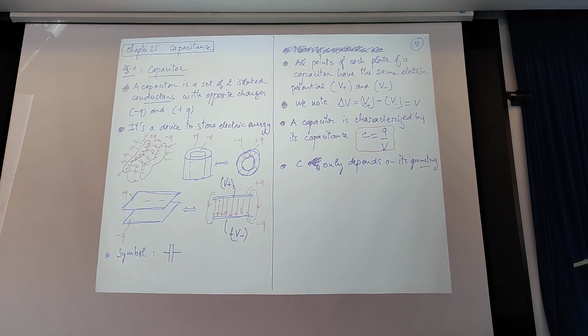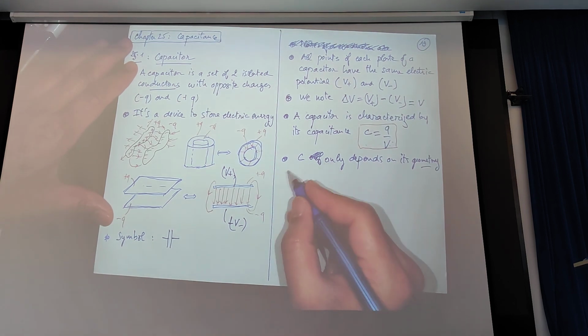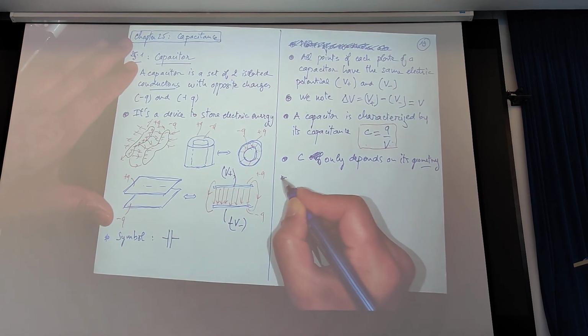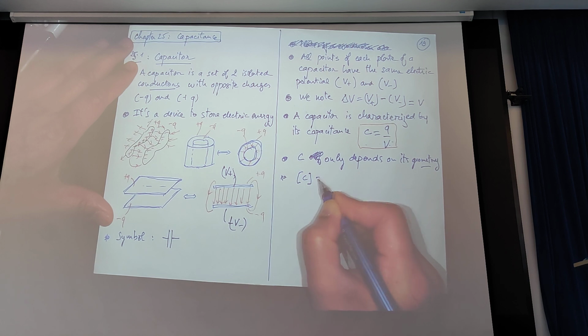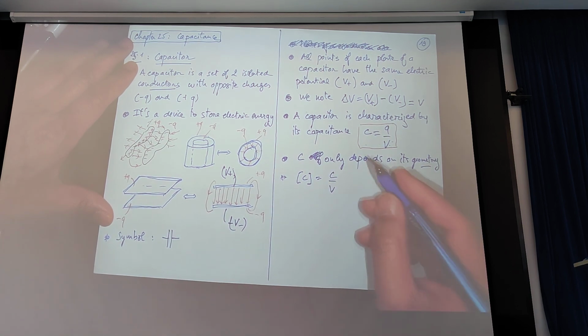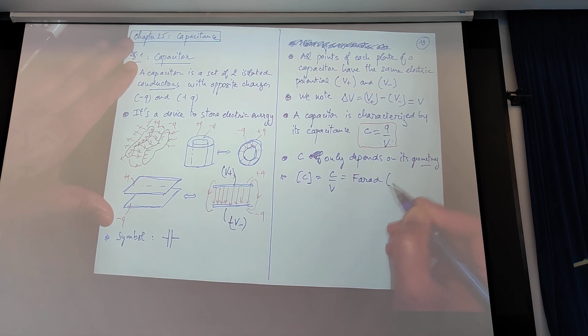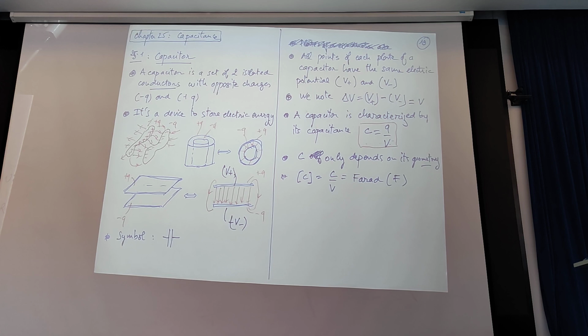We will see that later. And just to mention the unit, of course. The unit of the capacitance, as you can see, is Coulomb over volt, and we also call it Farad, noted F.